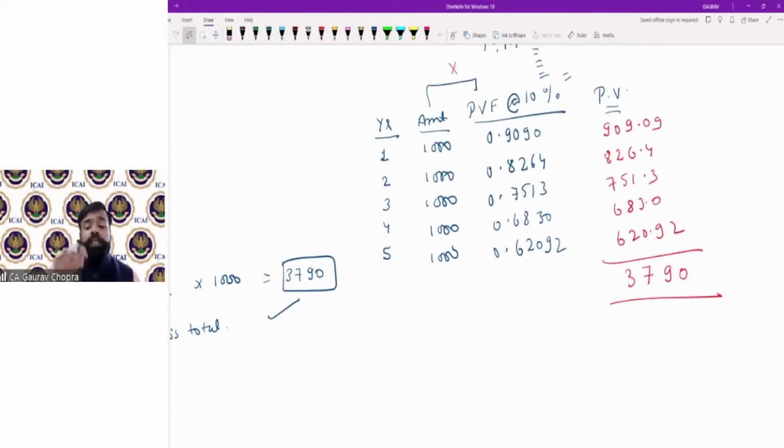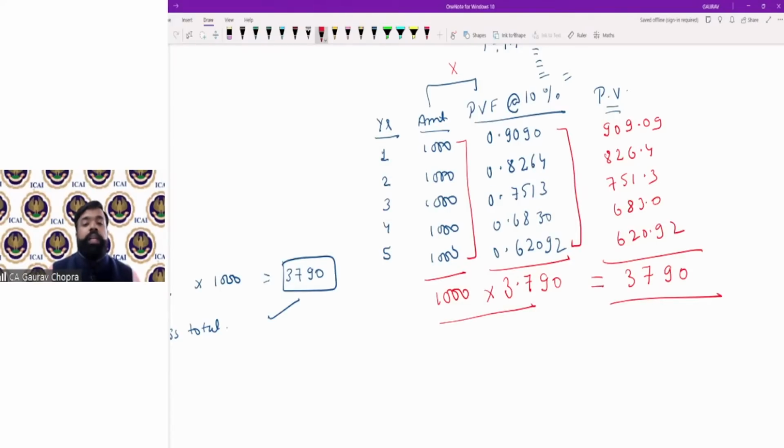Okay, but what is our shortcut? Our shortcut is we have added all these on the calculator. हमने सारे present value factor को calculator पे ही add कर लिया, and we got 3.790. Then 1000 is common, you have taken 1000, and now 1000 multiplied by this, you are getting the result. तो therefore इस पूरी टेबल को हमें फॉर्म नहीं करना है, we have to solve only by using our calculator.